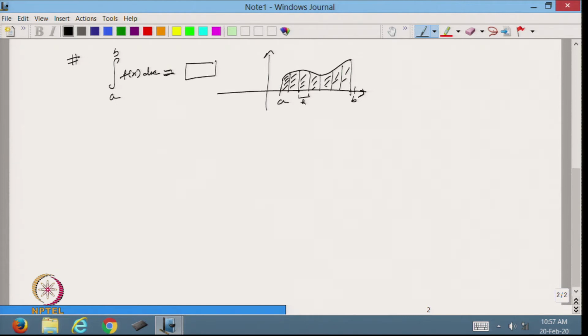So, I can say that for a small h, I will get some approximation of this integral, and then I can even reduce the value of h, then the accuracy will increase.